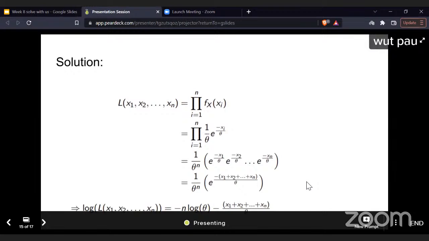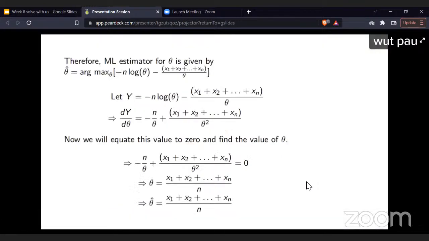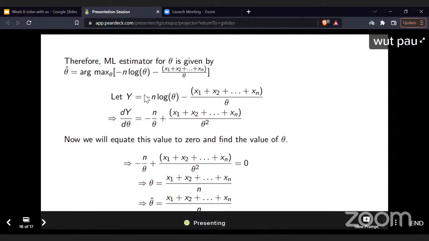Now after you find the log likelihood, we have to differentiate with respect to theta, that is d by d theta of minus n log theta minus sum over xi divided by theta. Minus n log theta becomes minus n by theta, and the derivative of 1 upon theta is minus 1 upon theta square.